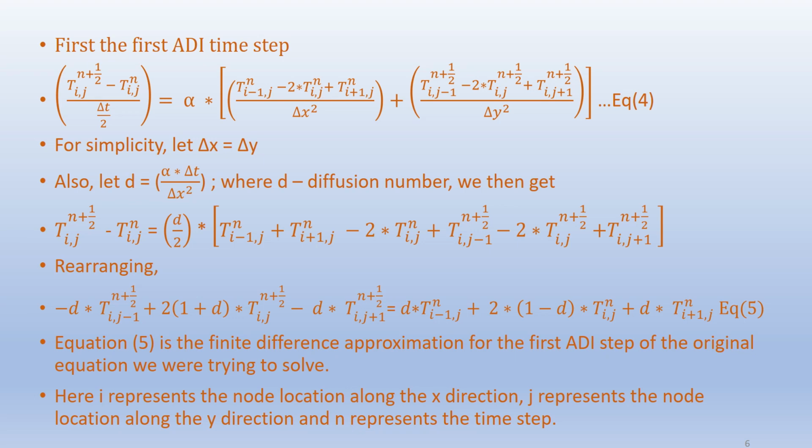Here the temperature variation in the first time step is along the y direction as shown in equation 4. For simplicity, let delta x equal delta y.